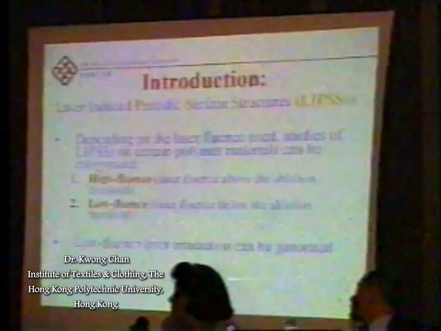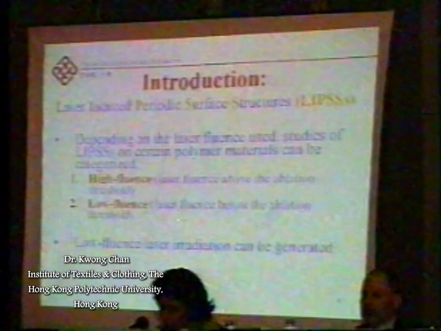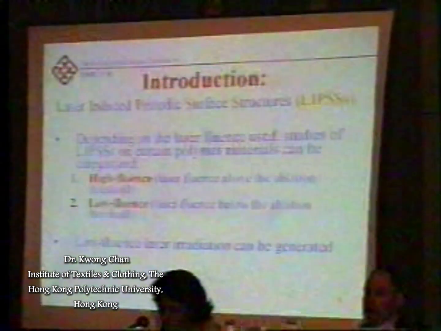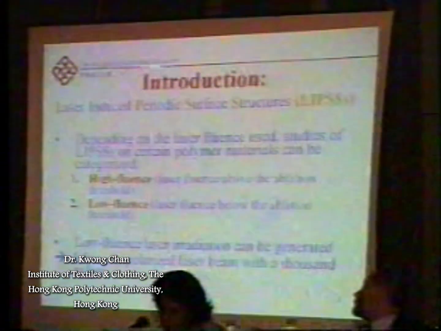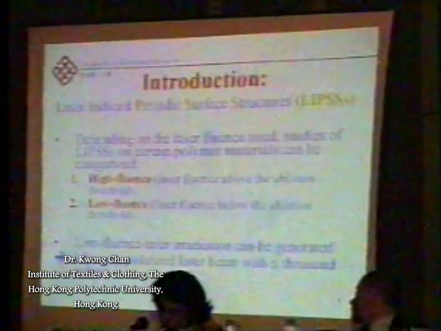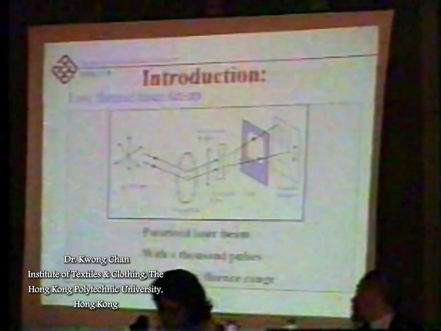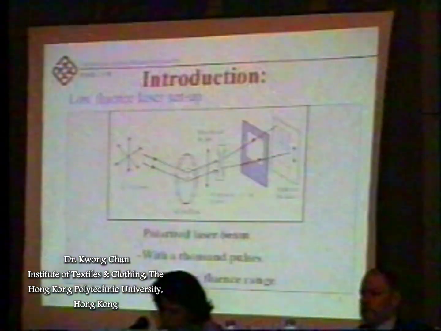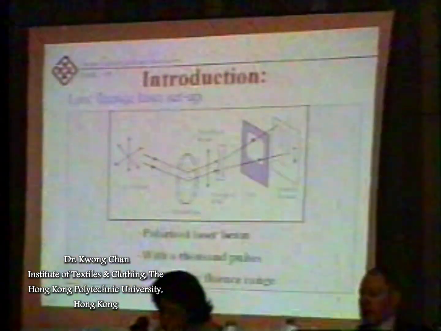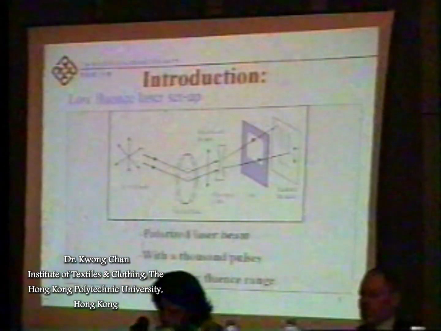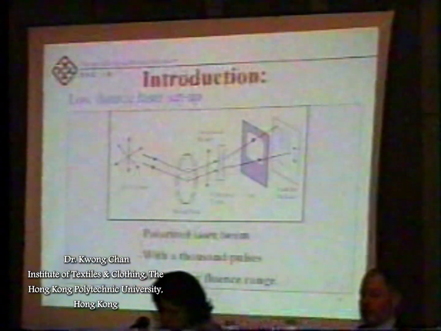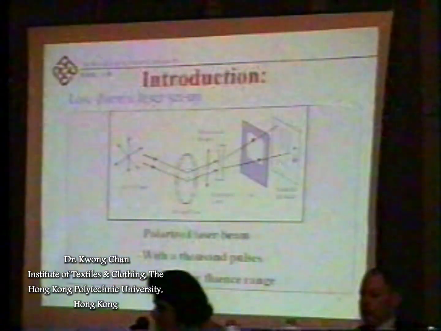The low fluence laser irradiation can be generated by a linearly polarized laser beam with 1,000 pulses. Here the figure shows the low fluence laser setup. We irradiate the samples with 1,000 pulses, and it is found that sub-micron structures form in a narrow fluence range.